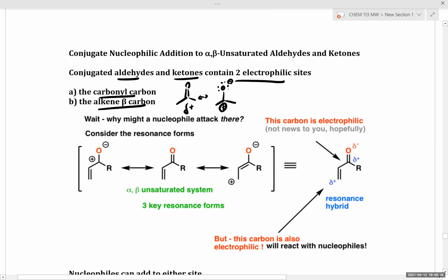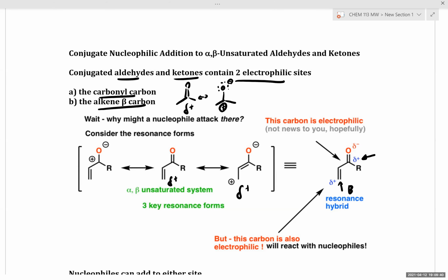Further, the alkene beta carbon is also electrophilic. And as a result, unsaturated ketones, aldehydes, and other carbonyls have two sites of reactivity, the beta position or the carbonyl carbon position.